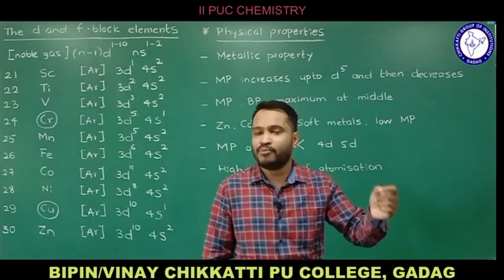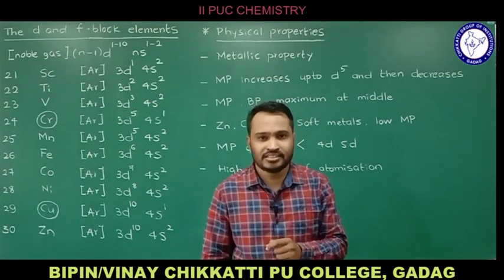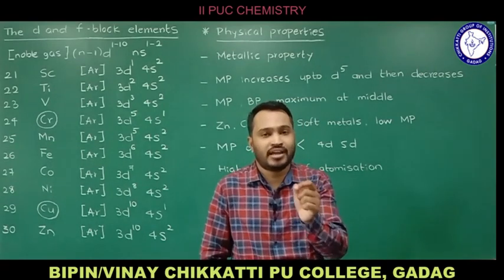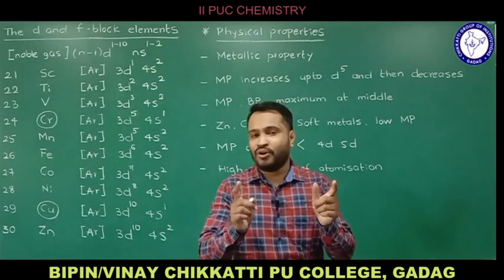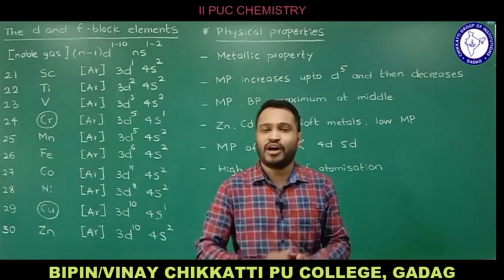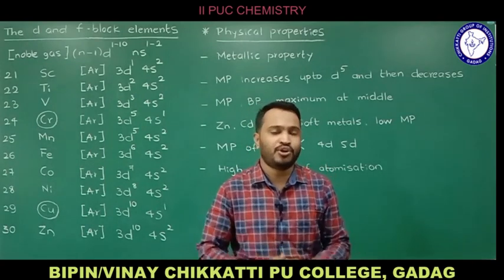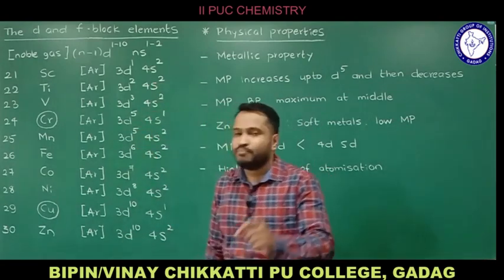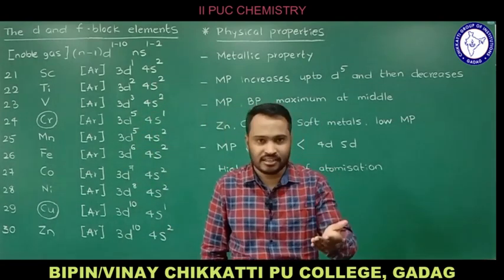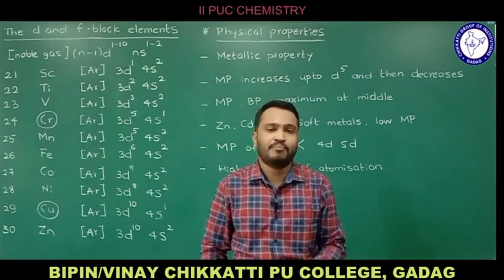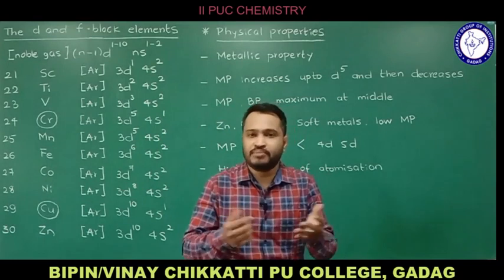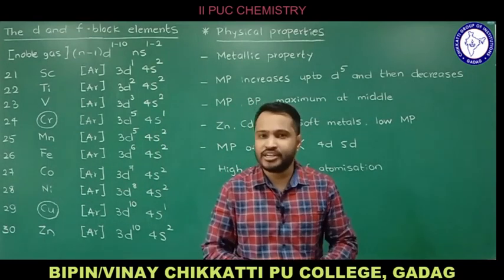Since the number of unpaired electrons increases, the metallic bond becomes stronger and stronger. The metallic bond depends on the number of unpaired electrons present in the d atomic orbital. So since from d1 to d5 the number of unpaired electrons increases, the metallic bond becomes strong. Then if the metallic bond becomes strong, how does the melting point increase?